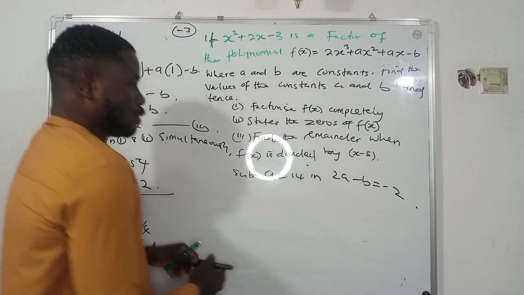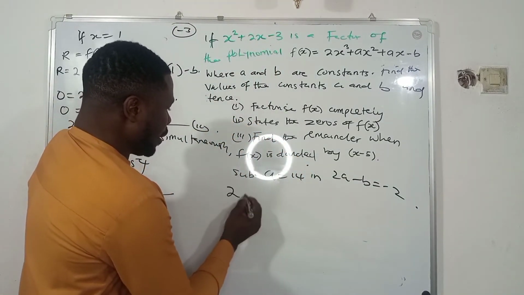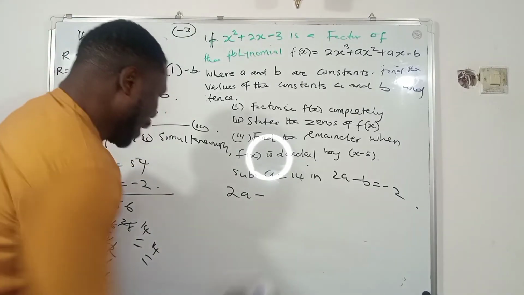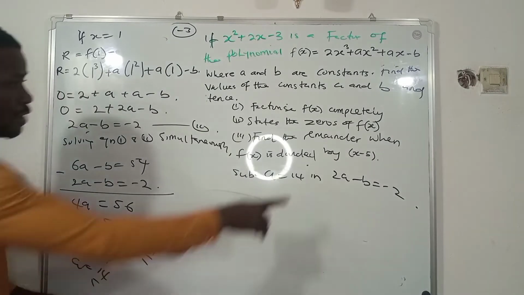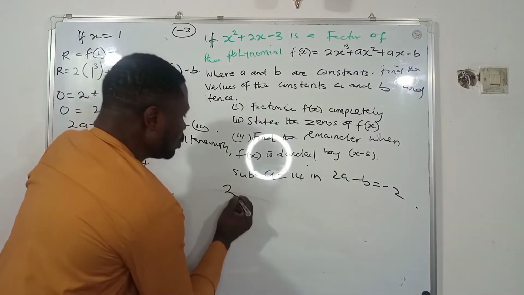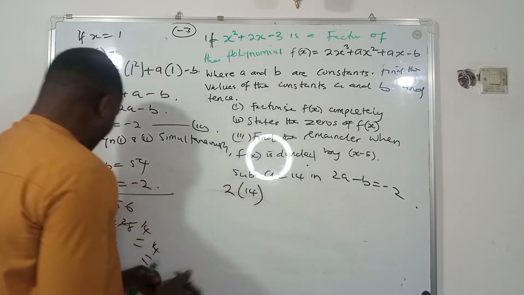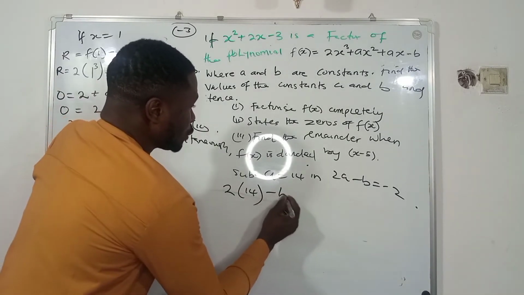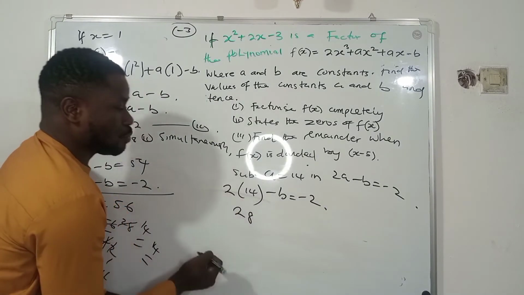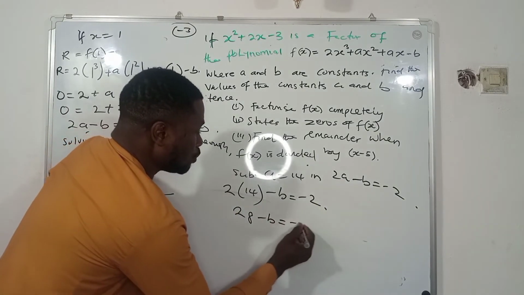Now if I substitute, I will have 2a minus b. Remember that at this time we are looking for b, but a is already known. So I will have 2 into 14, where 14 is A, and that will be minus b equal to minus 2. This will give us 28, because 2 times this will be 28, minus b equal to minus 2.